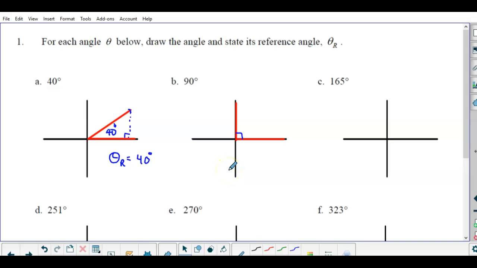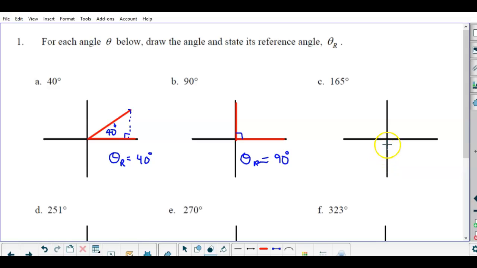In terms of a reference angle, it's 90 degrees. Really, we don't end up talking about reference angles too much with quadrantal angles, but that's the smallest positive angle with an x-axis.